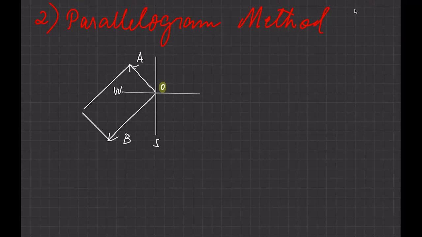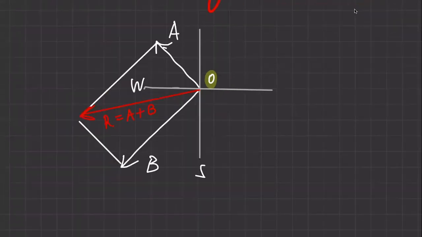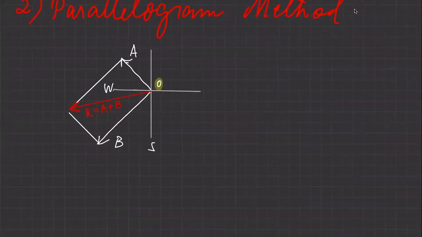The second step is now draw a diagonal line from 0 to the diagonal. So this is now your resultant, which is A plus vector B.